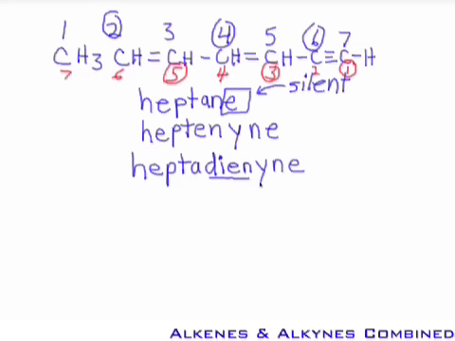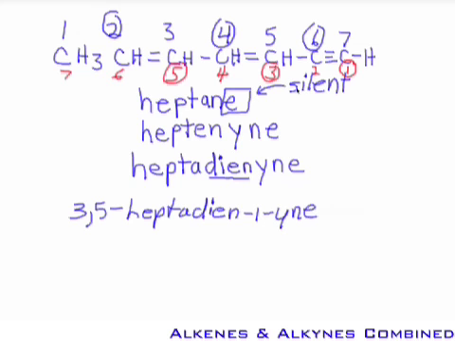Hepta, diene, yne, the 3, 5 applies to the enes. So 3, 5 heptadiene, and then you have to put one yne. Is the 1 required? Well, yes, the triple bond could have been any place else in the chain. You could move it in other positions in the chain, so you must use the 1 to indicate where the yne is. All these numbers are required.